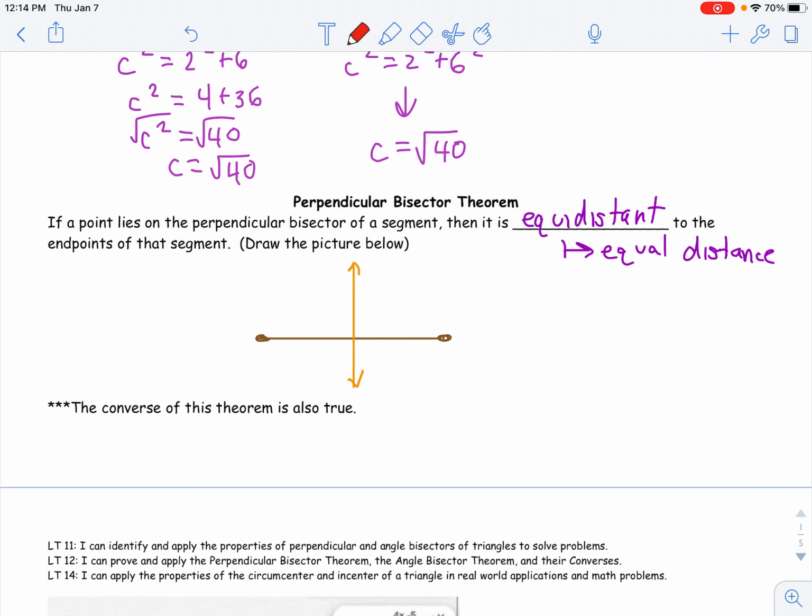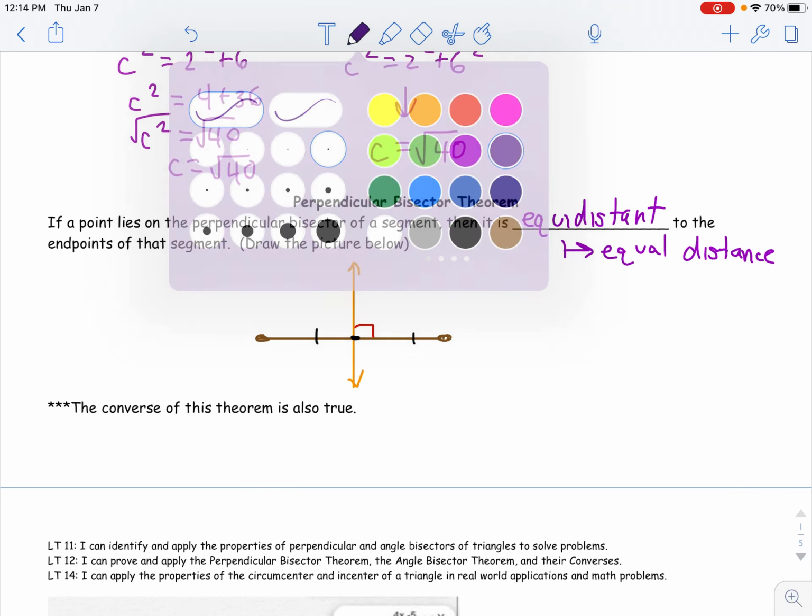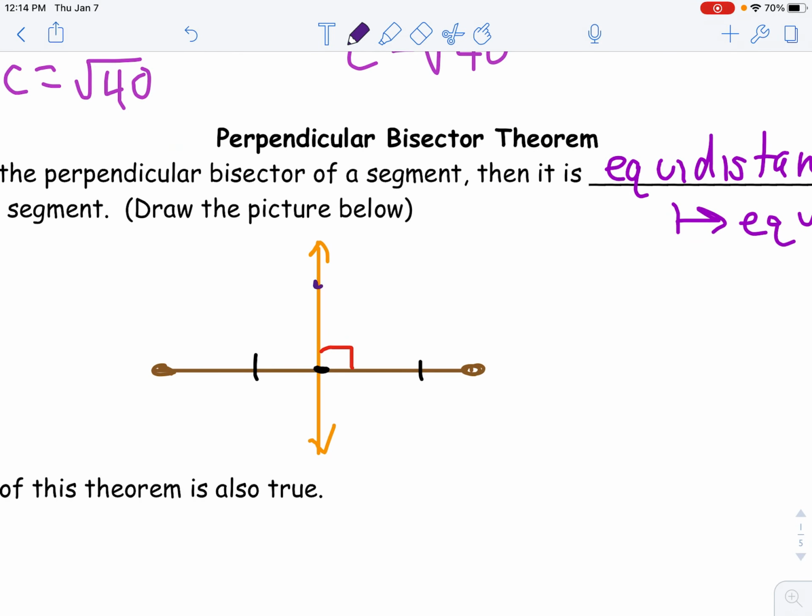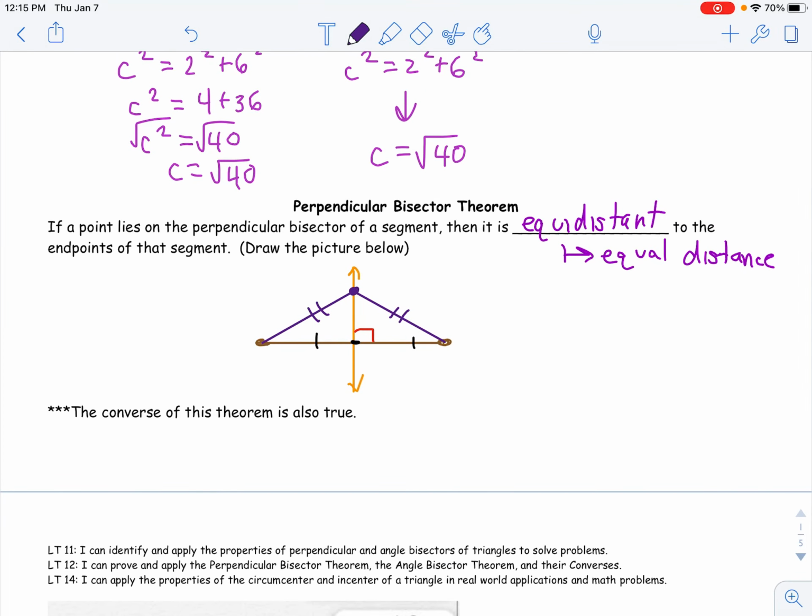All right, so this orange line is perpendicular to this brown line, and it bisects it, so it's saying that's the midpoint. And it says I can pick any point on this orange line, but if I connect any point on this orange line, it's going to be equidistant to the endpoints. That's what it's saying right there.